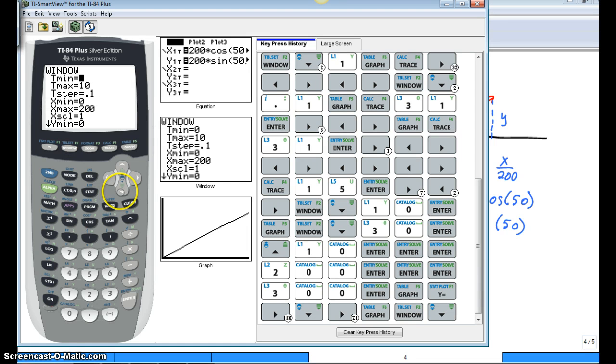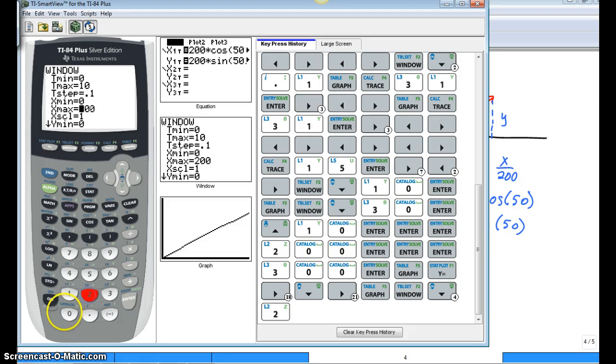So the first thing I want to do is change our x-min and x-max. Having done this problem before, I'm going to tell you that looking at a problem that says you start at 200 meters per second, even if this thing travels for 10 seconds, that's a long ways. So when you go to this window, let's just say we go for 2000.